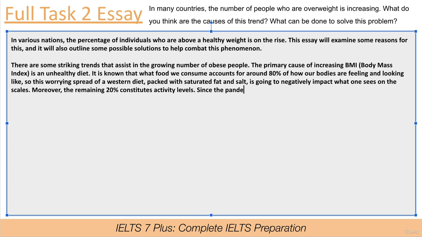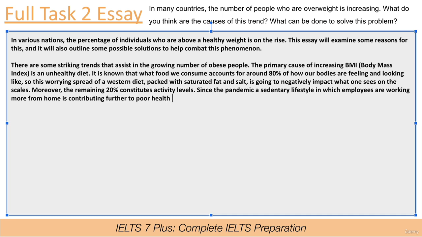Since the pandemic, a sedentary lifestyle in which employees are working more from home is contributing further to poor health outcomes.